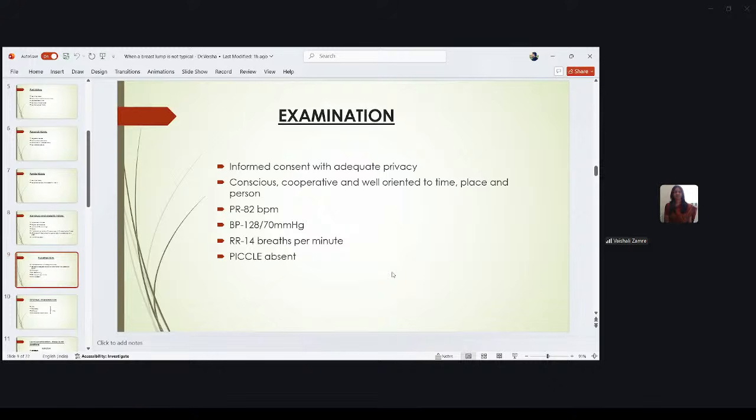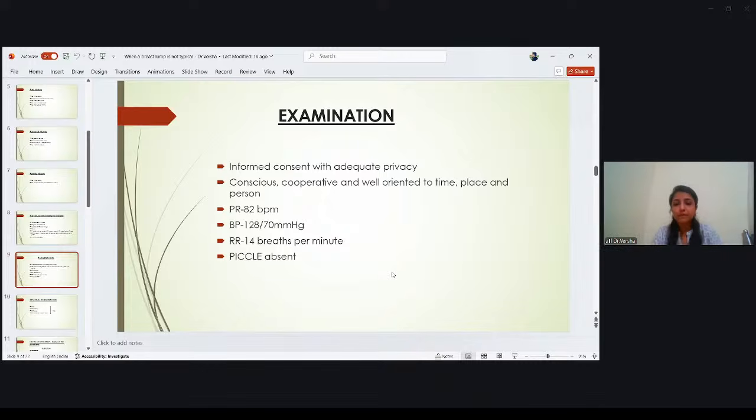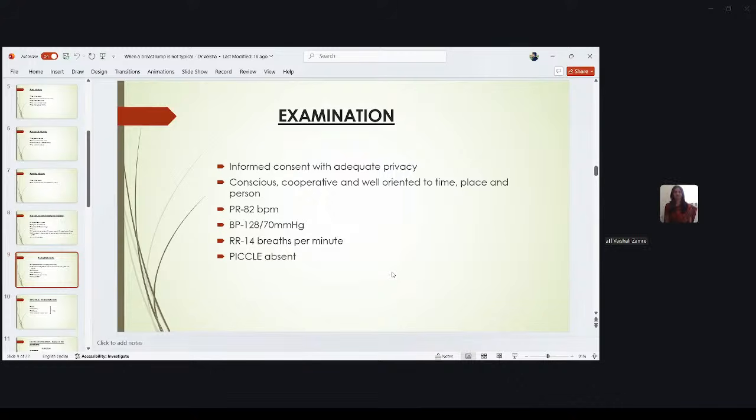So you could say that I would like to investigate before saying that this could be benign based on the duration of the symptoms. Okay, please go ahead.